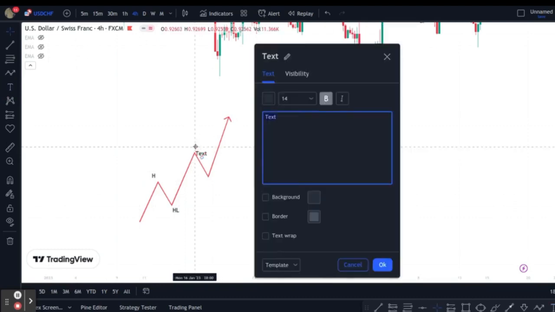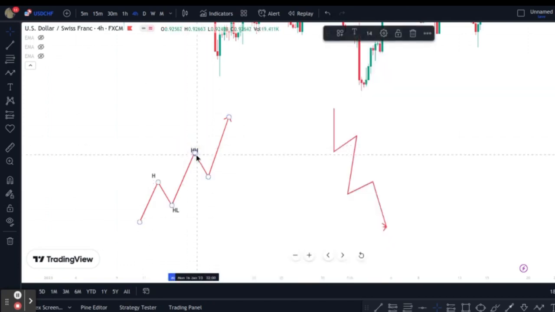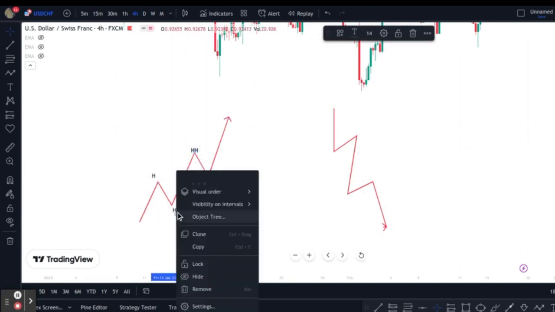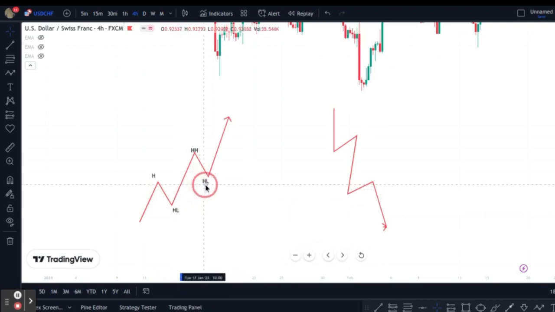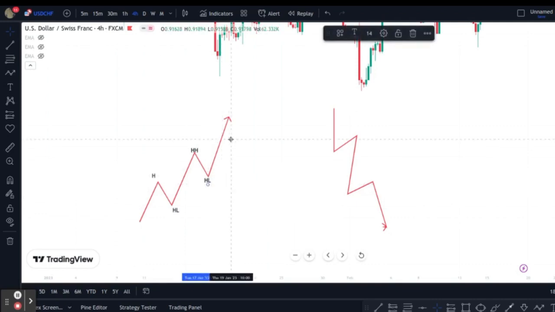That is, the market is buying, going higher. And the retracement of that is again a higher low. You understand? So that is an uptrend. The market forms a higher high, higher low, then higher high again, higher low, until the trend changes.